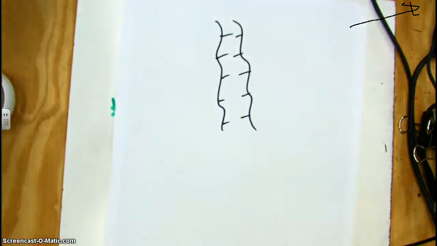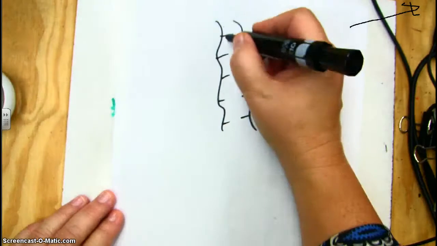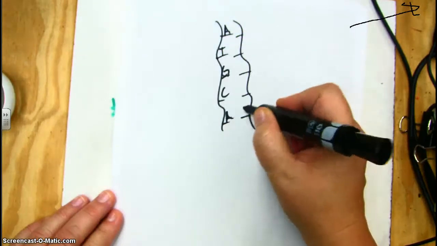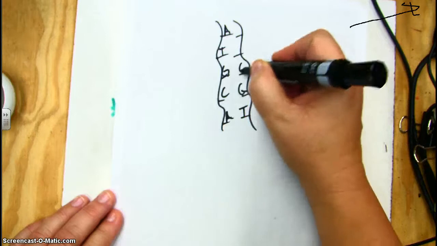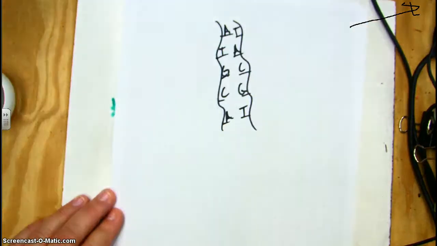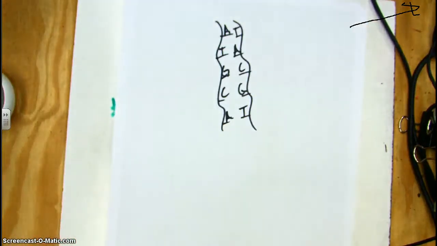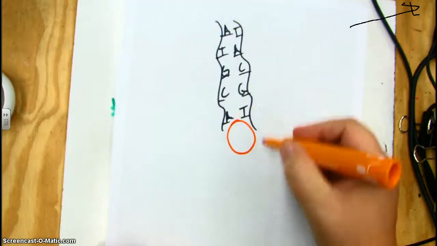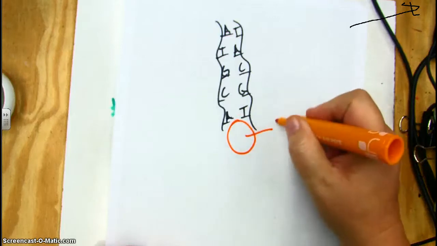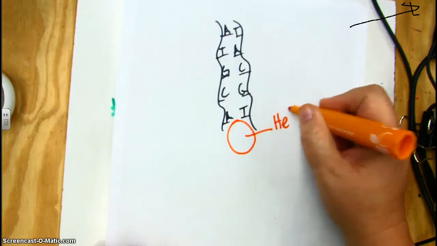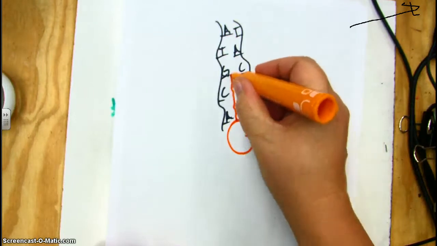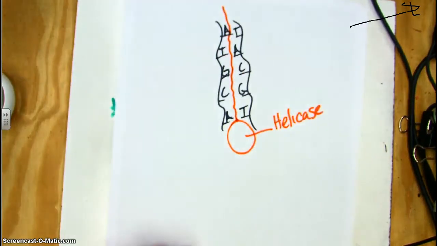So let's say I have A, T, G, C, A, which means I have T, G, C, A, T. When this strand wants to make another copy, what it does is it has to split in two. And we have a protein or an enzyme called DNA helicase. And helicase comes in and unzips that double strand.